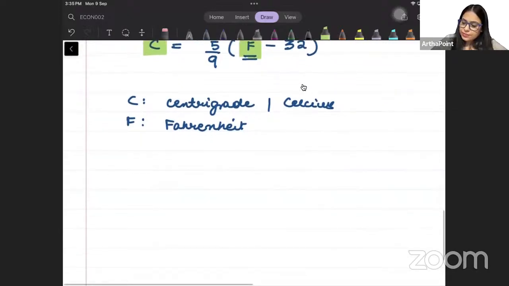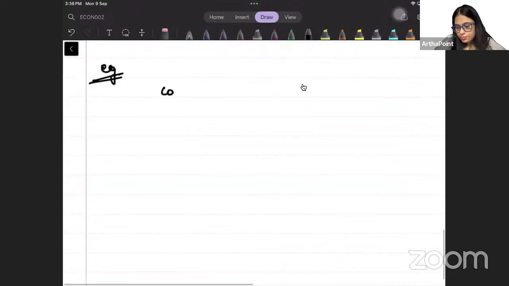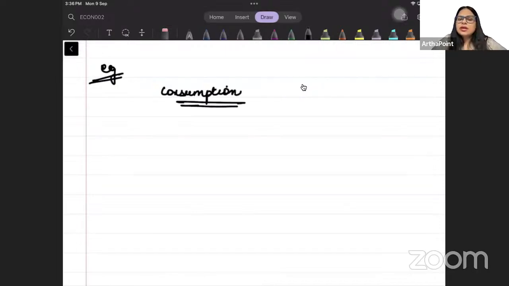एक और example लेते हैं. Another example. बेटा जैसे consumption. अब how much a person consumes ये किस पे depend करेगा? It will depend on the income of people.